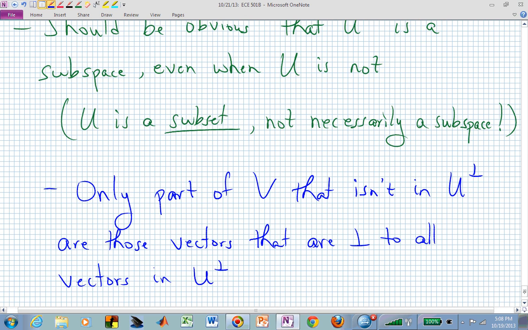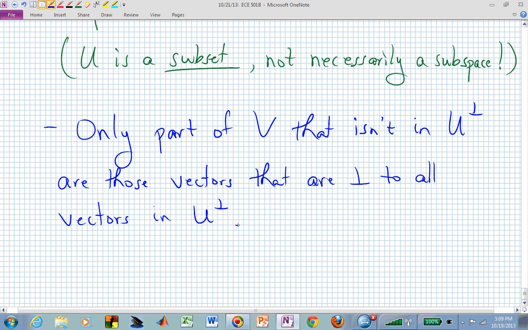That's by construction of U perp, which says that we can't get to those vectors that are perpendicular to the vectors in U perp. We can't get to them.